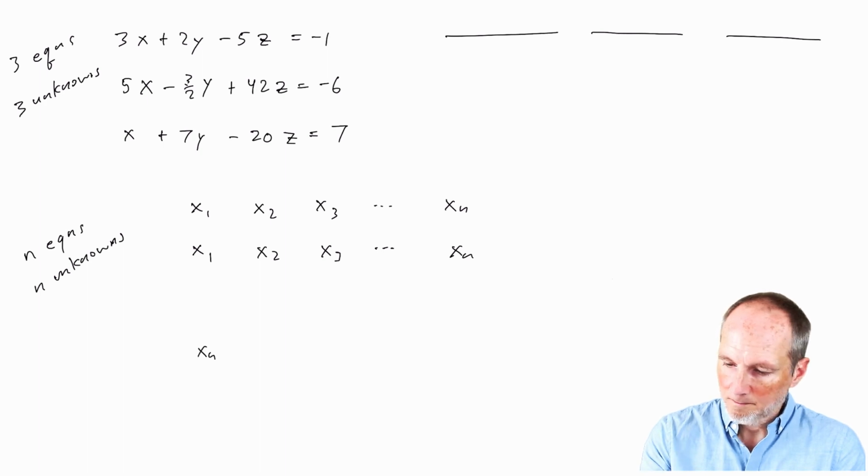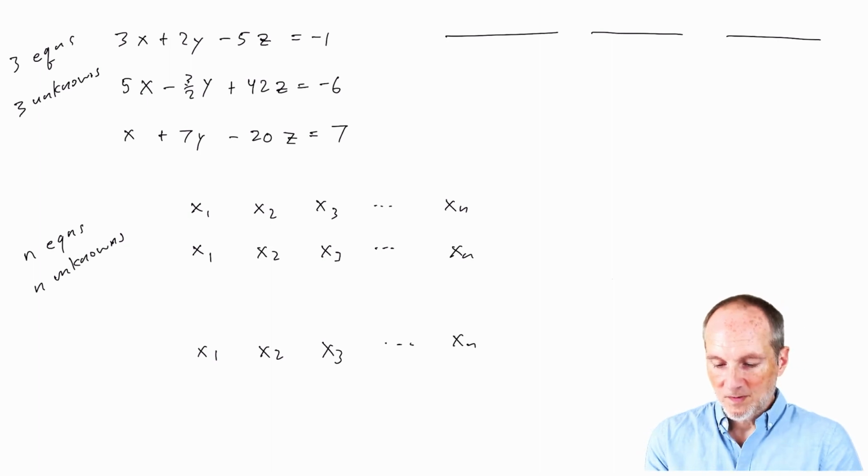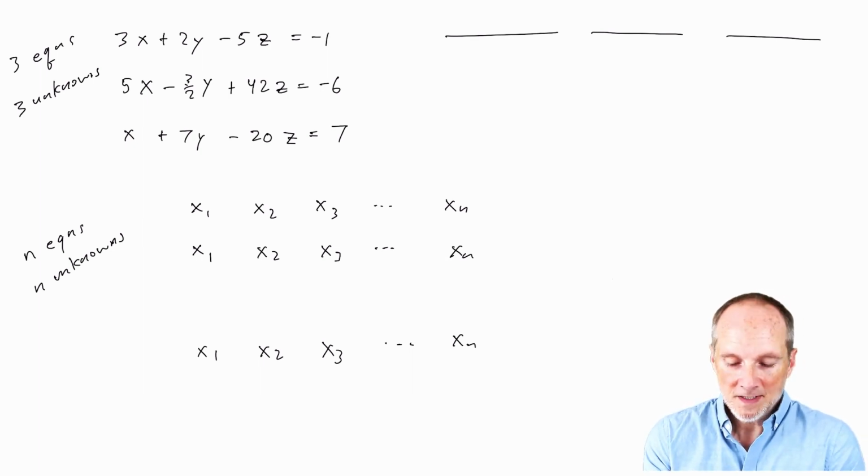Of course, what's missing here is I don't have the coefficients in there. So it might be 3 or -7 or whatever. In general, you can imagine any coefficients in there.